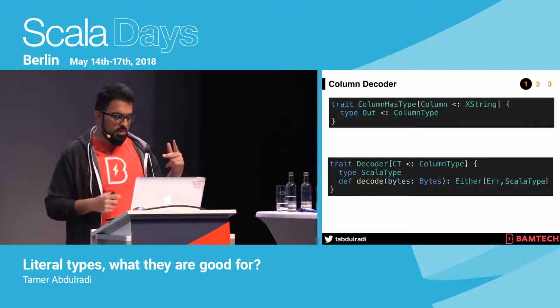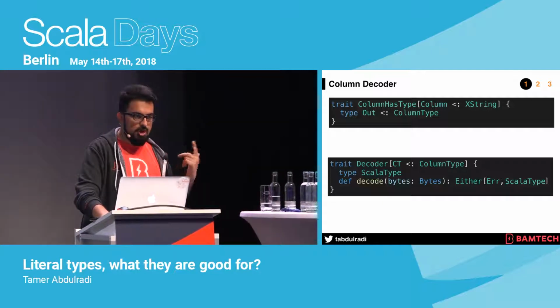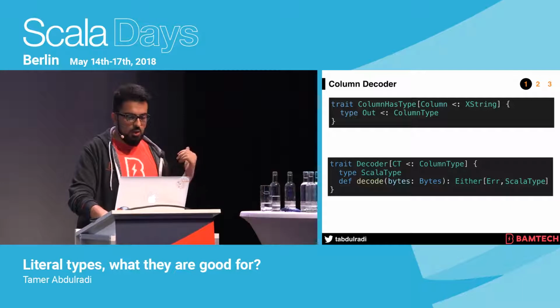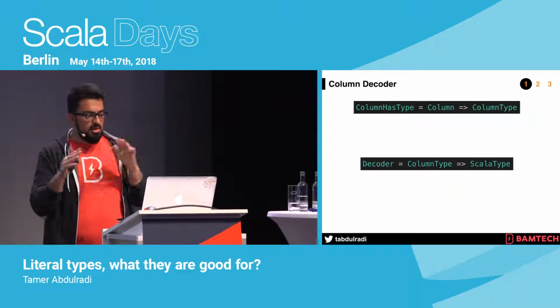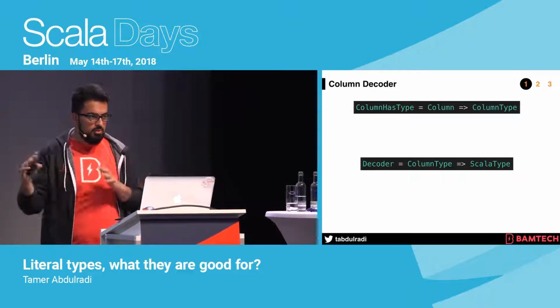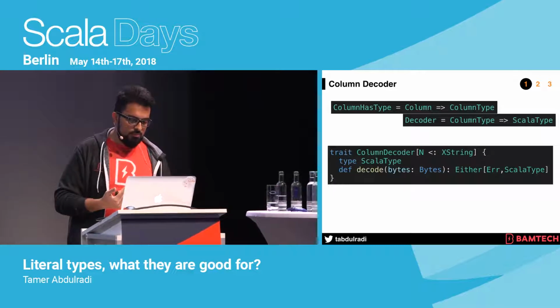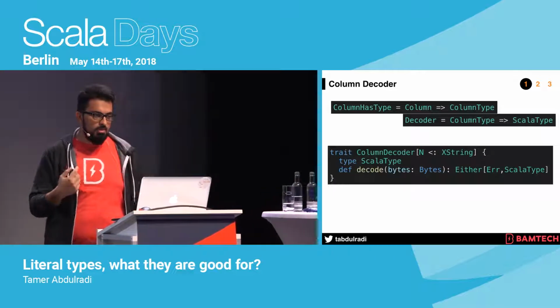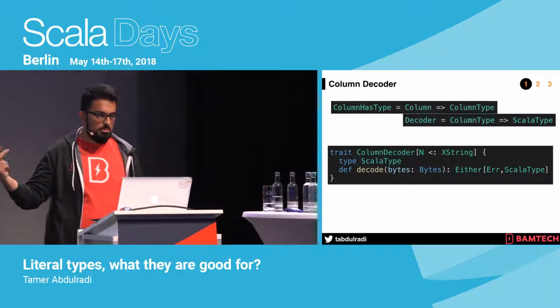Now we got two type classes. Think of them as type level functions. So ColumnHasType is something that goes from columns to column types, and the decoder goes from column types to Scala type. We can just compose them together and create one bigger type class that goes from column names to the Scala types in one go.